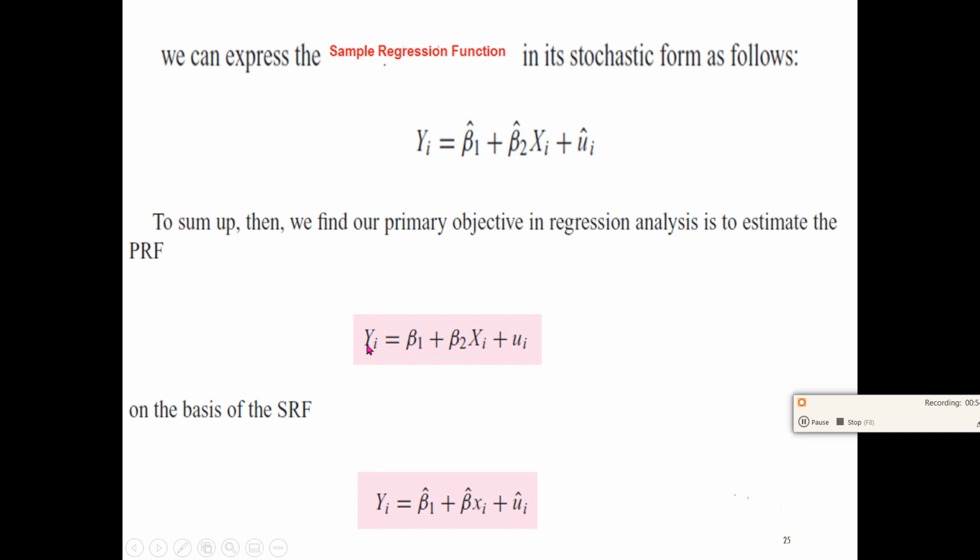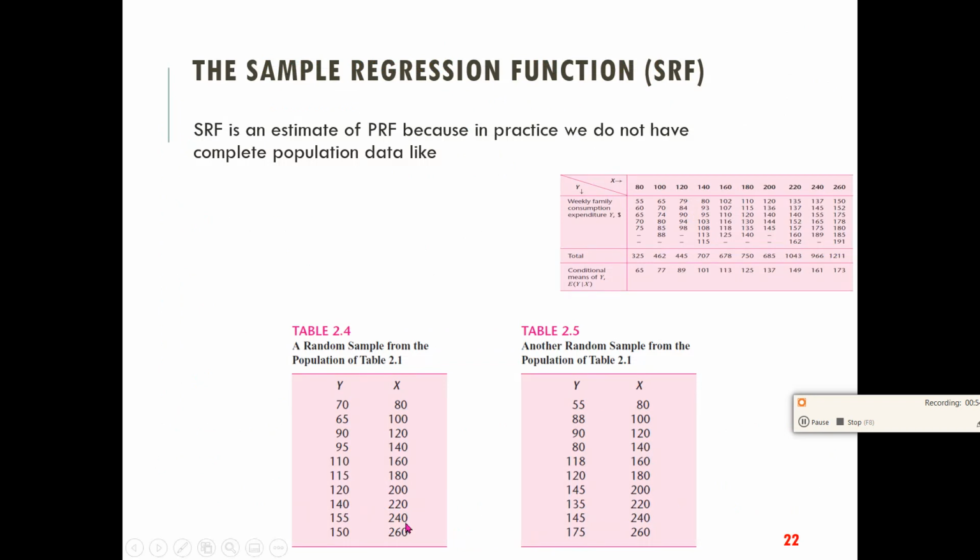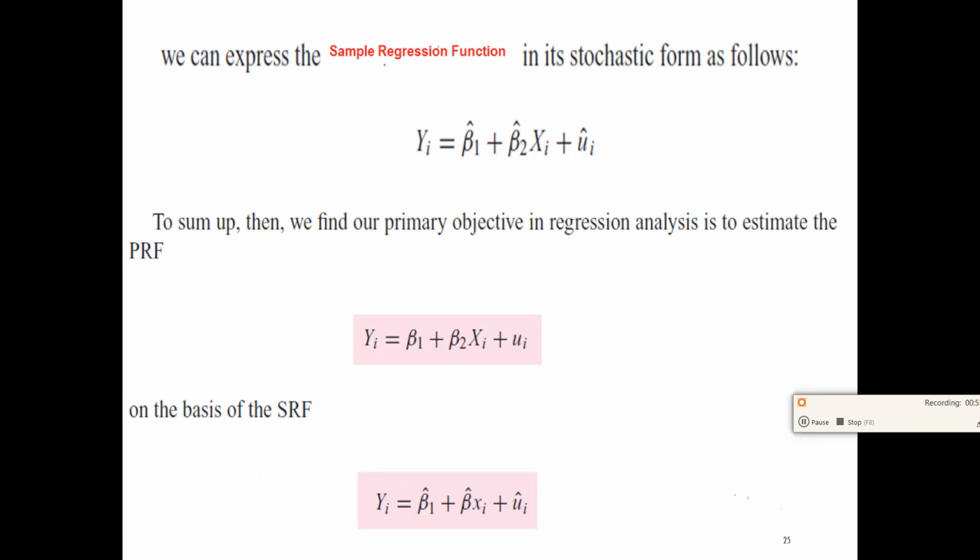So instead of using data of 60 families, I'll be using data of selected families. As you see, for example, here you see how many are they. Let's count: 1, 2, 3, 4, 5, 6, 7, 8, 9, 10. So instead of using 60 pairs in the population, if I'm using only these 10 pairs, but still my findings are generalizable for those 60 families, then what happened?